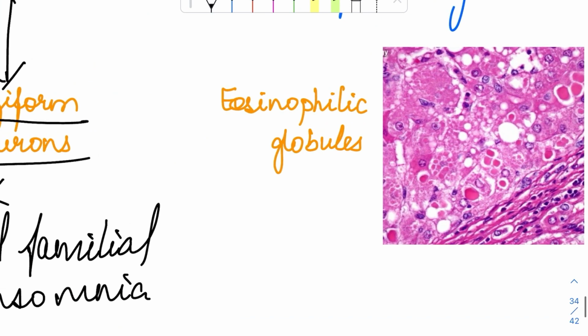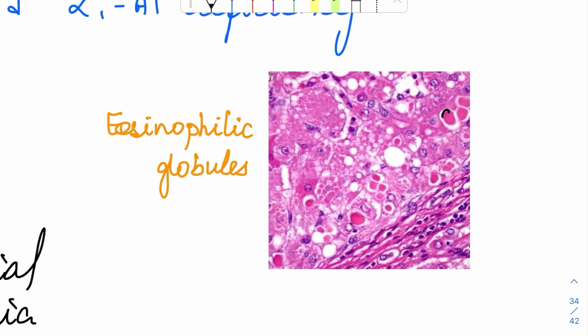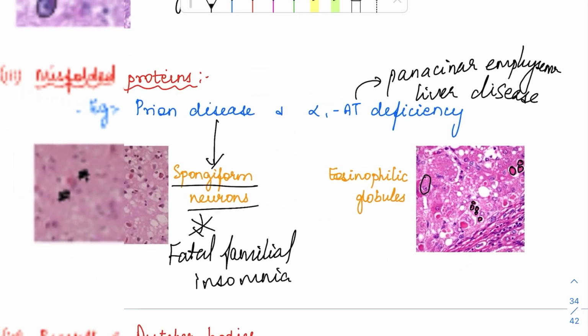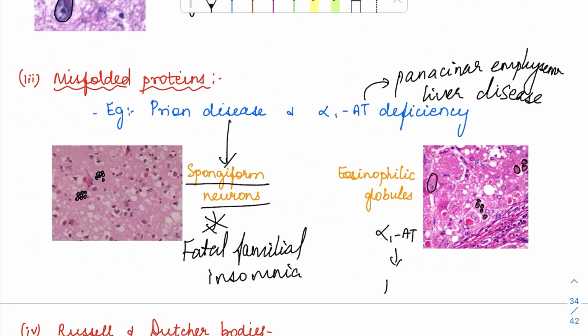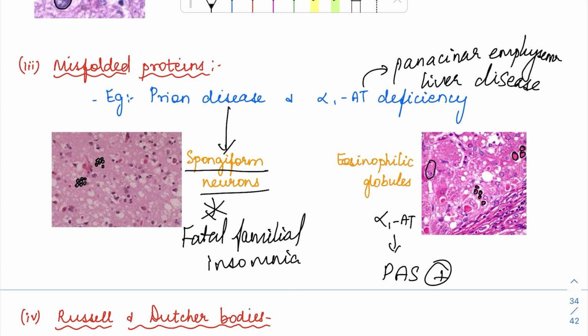In the liver, it produces eosinophilic globules. This is the normal hepatocyte here, but here there are lots of eosinophilic globules composed of alpha-1 antitrypsin, and they are positive for PAS again. So these are misfolded proteins.